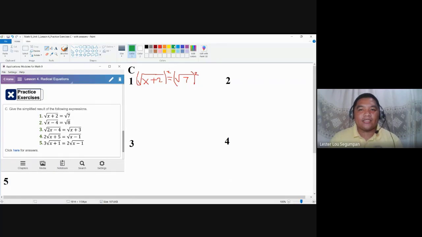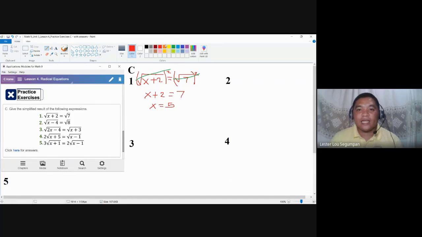When we take the square of both sides, this becomes x plus 2 is equal to 7. Instead of dealing with radical equations, we are now down to a linear equation. So we subtract both sides by 2. The possible value for the variable x is 5.